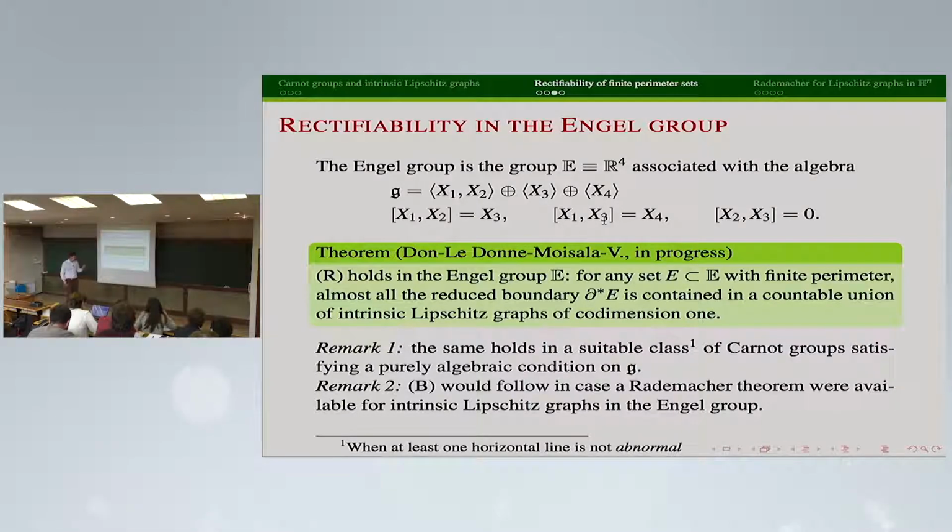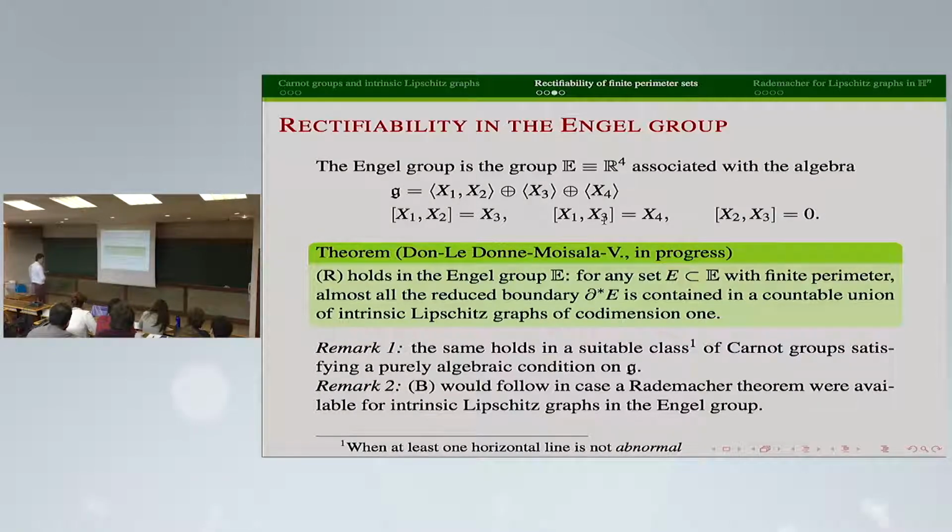Actually, this is a purely algebraic condition on the algebra. So you give me the algebra and its brackets, and I'm able to tell you whether this algebra and the associated Carnot group falls into this class. So there is at least one horizontal line which is not abnormal or not. So our condition is purely algebraic.